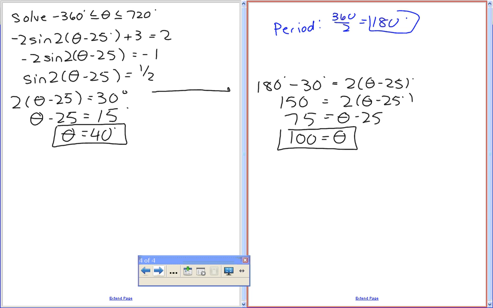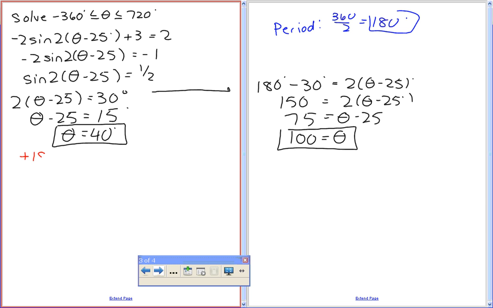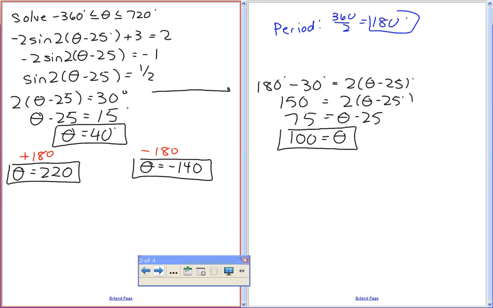People did a really good job of this on the whole, but some people got nothing. I'm going to add 180 and subtract 180. I add 180, I get 220. I subtract 180, I get negative 140. Okay, so things are looking good. I'm going to add 180 again, and subtract 180.